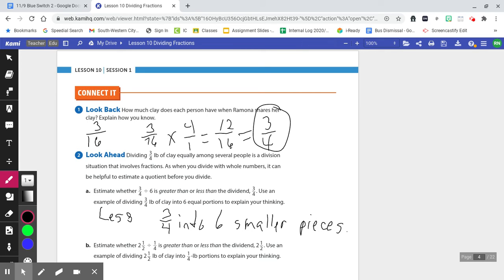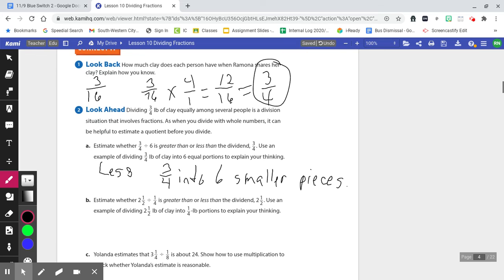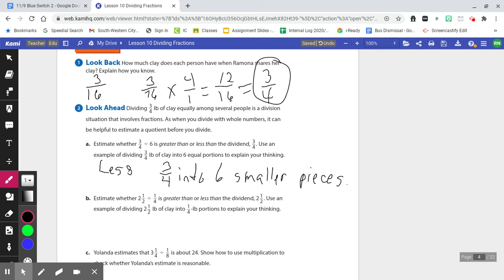And B, estimate whether 2 1/2 divided by 1/4 is greater than or less than the dividend 2 1/2. Use an example by dividing 2.5 pounds of clay into 1/4 pound portions to explain your thinking. So stop the video and write your answer.